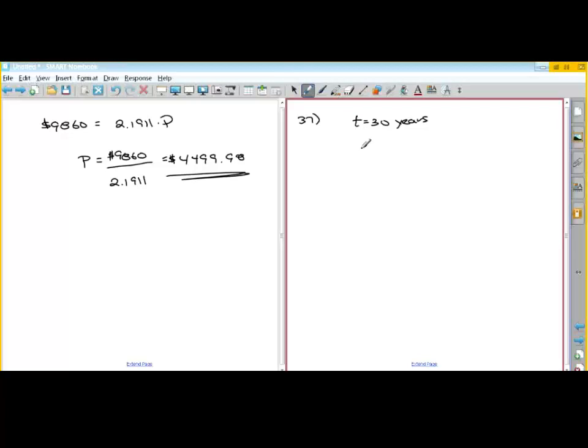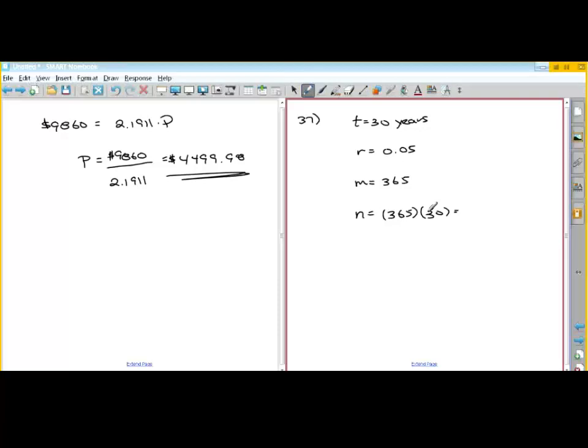So let's read this. 37 is, the interest rate is 0.05 compounded daily, so M is 365, and so N is going to be 365 times time, which is T. Let's get that.